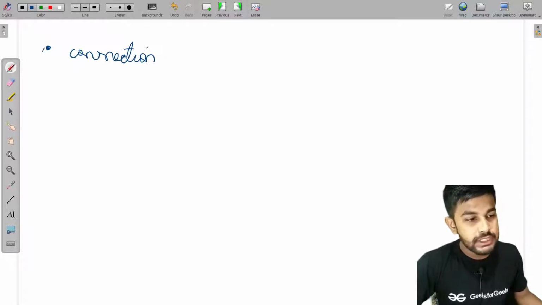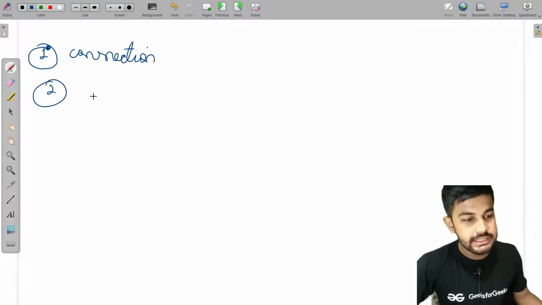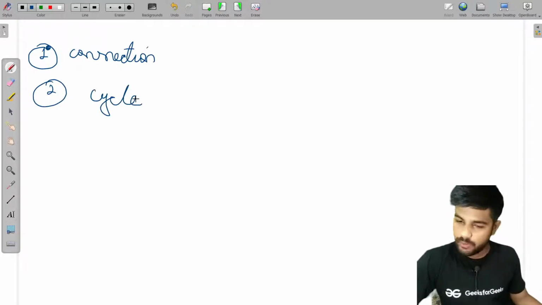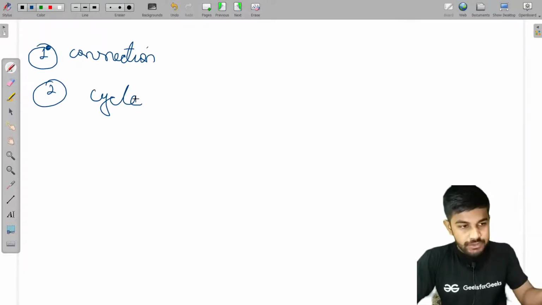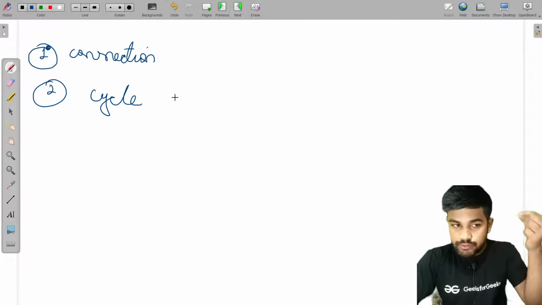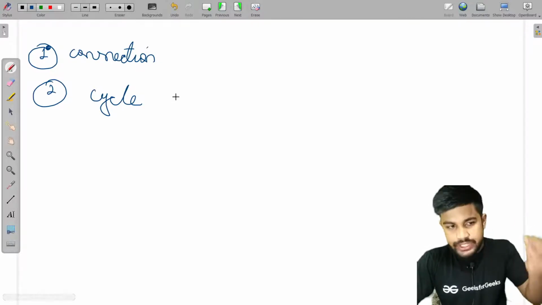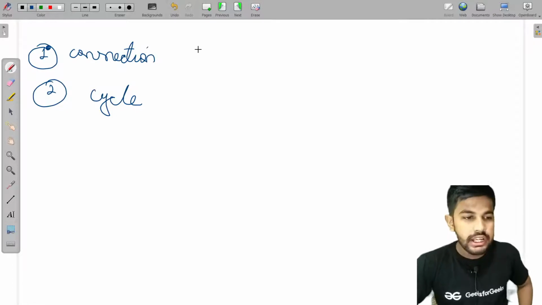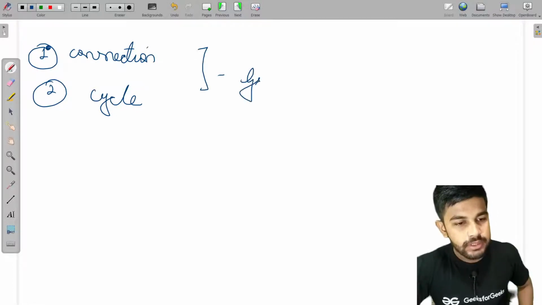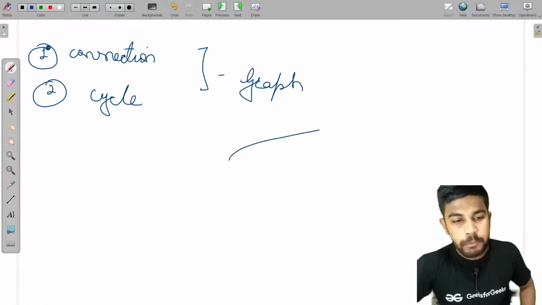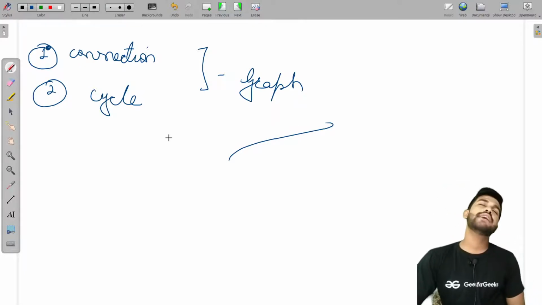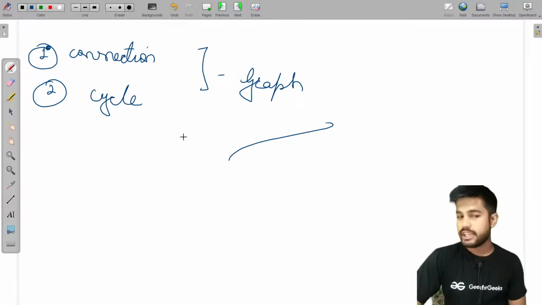The second observation is cycle. So the observations are that we need a connection and we need to detect a cycle. So clearly this is a graph problem. I am talking about when the problem tag is not given. But if the problem tag is given, it would be very easy.